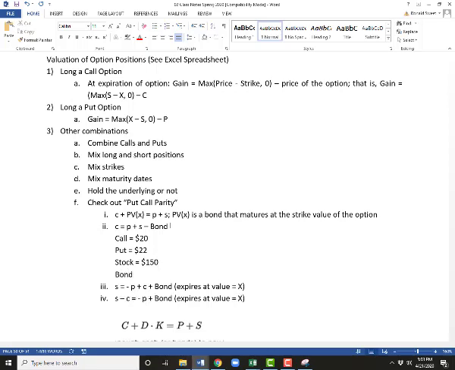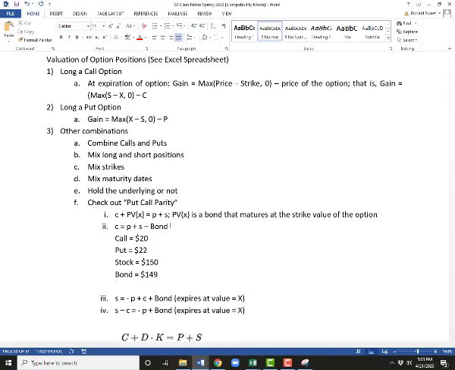And let's say the bond, you could borrow money, and that would be $149. I don't know if I did all that right, but we'll see. So we're saying that $20 should equal $22 plus $150 minus $149.